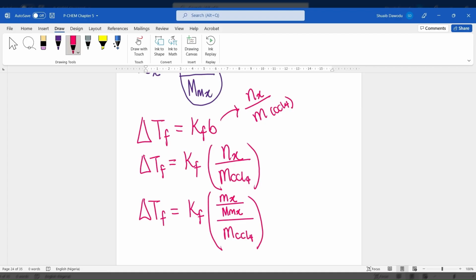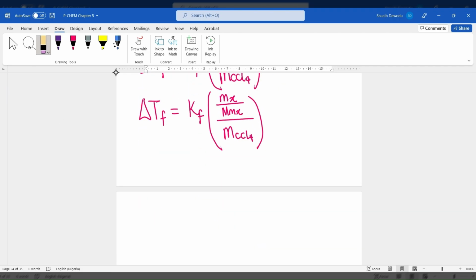I'm just trying to show you how all of these formulas connect. So all this information I just solved here is the same thing as b. Molality encompasses all of this: the mass of the unknown compound X divided by its molar mass, all divided by the mass of the solvent in kilograms. That is basically all that I explained here.